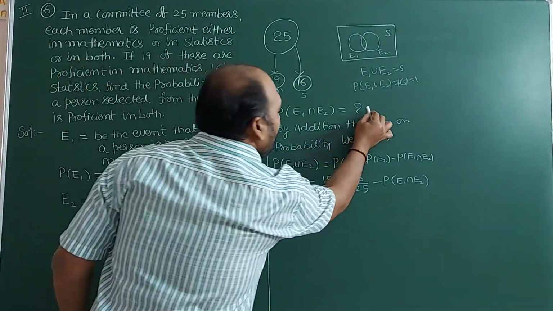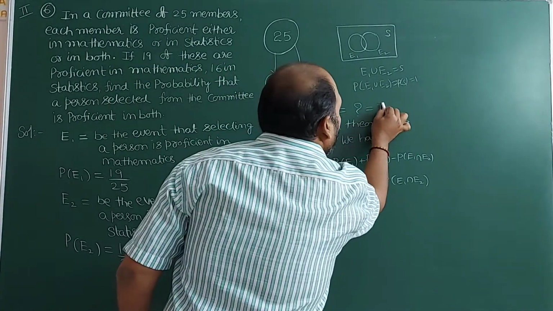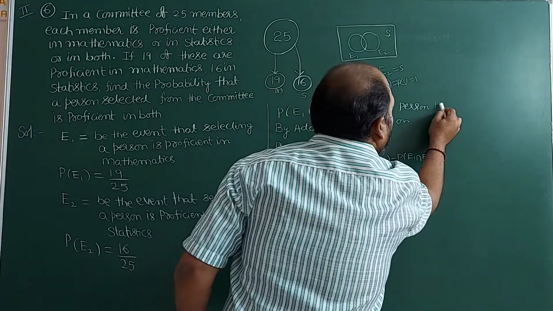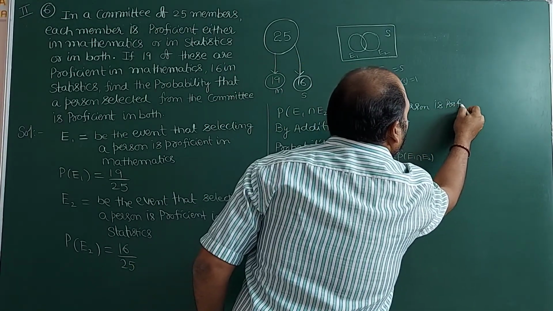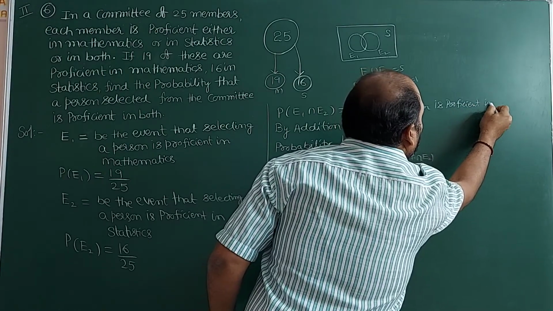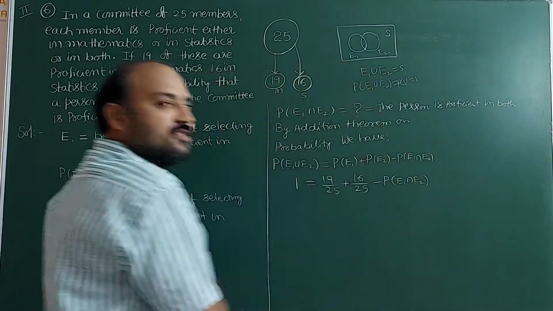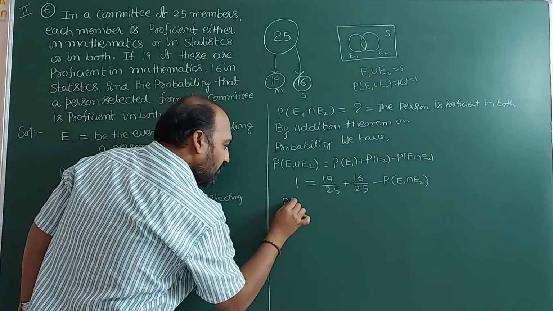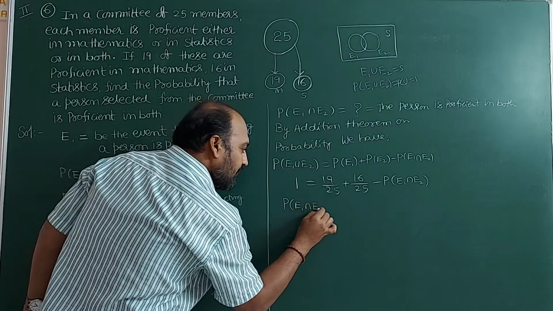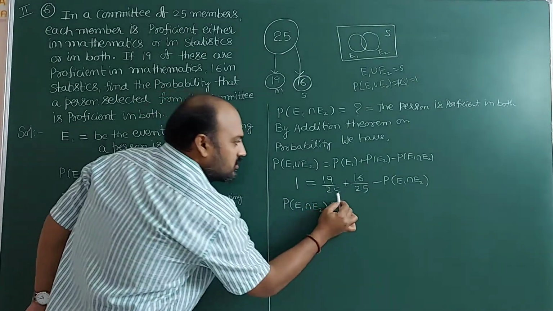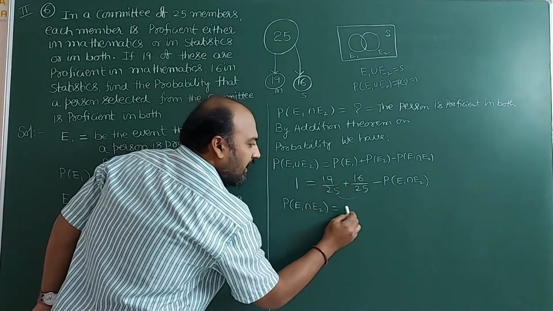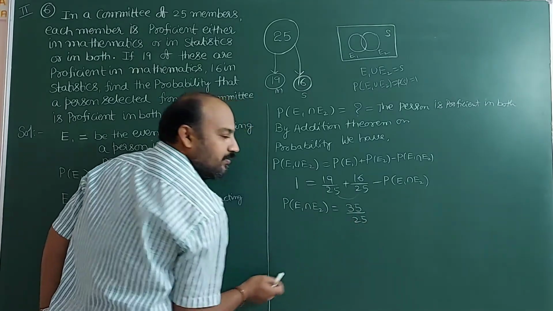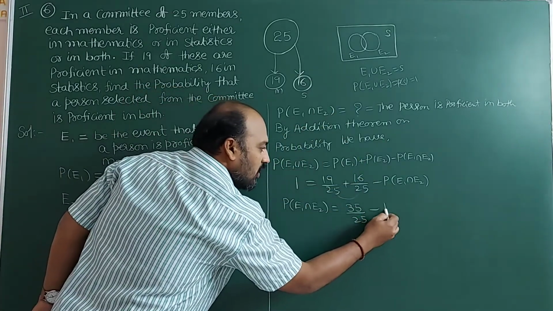This is the person who is proficient in both categories, in both maths and statistics. So minus P of E1 intersection E2. P of E1 intersection E2 is equal to, whenever denominators are same, you can add that. 19 plus 16, 35 divided by 25. 1 we are taking this side, minus 1.